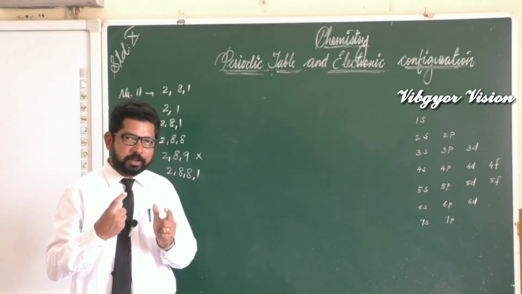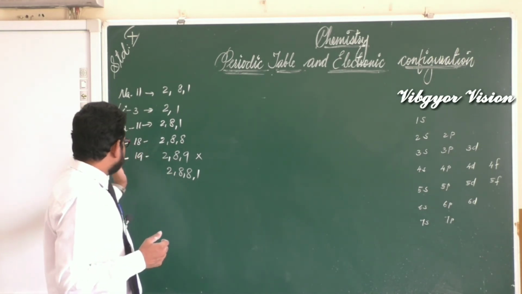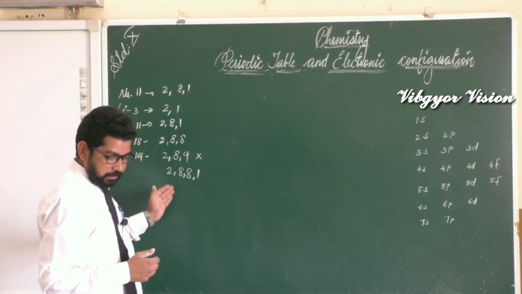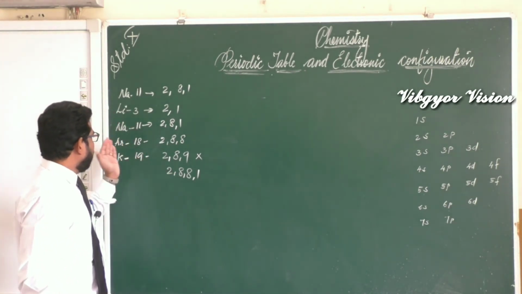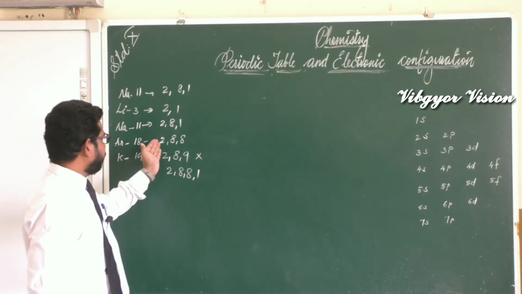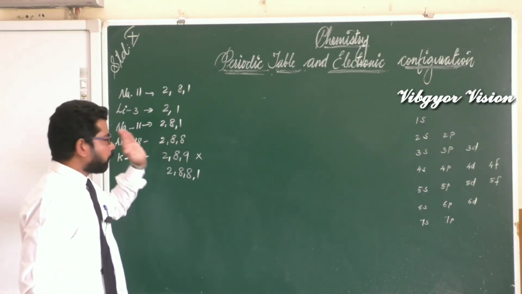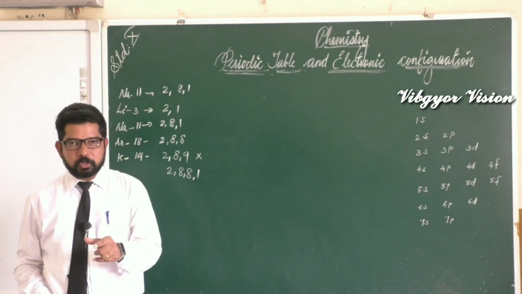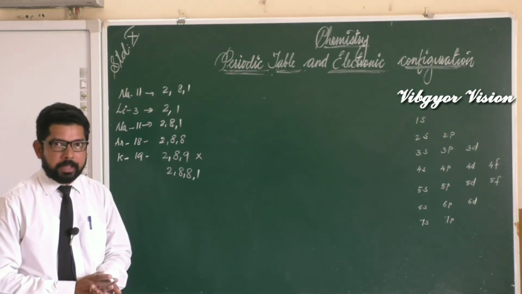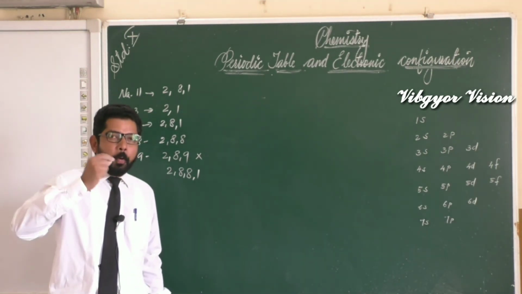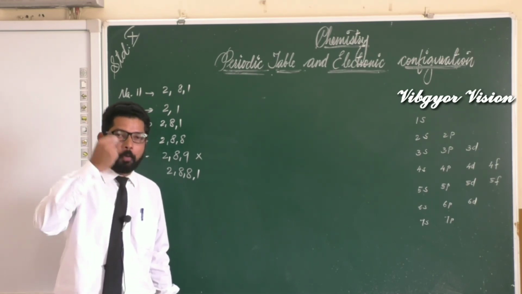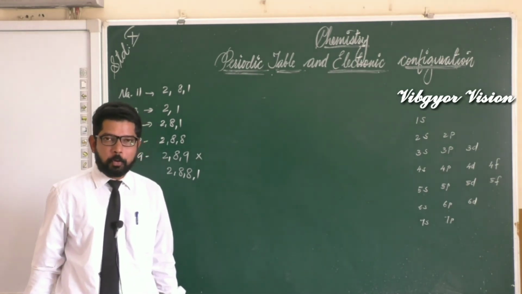What is the reason for the confusion? We know potassium contains 4 shells. We know the electronic configuration of argon is 2, 8, 8. What is the outermost shell? M is the outermost shell, and there it contains 8 electrons. But in your mind, what is the maximum capacity of the M shell?